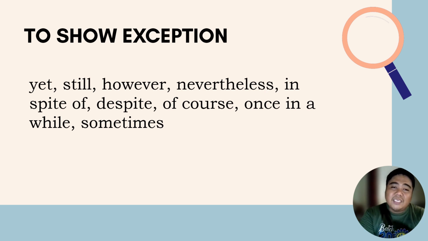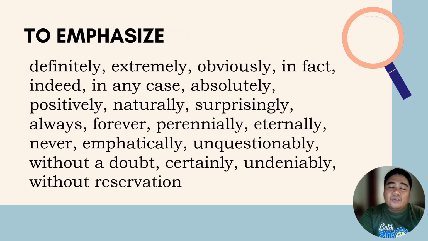Like, for instance, yet, still, however, nevertheless, in spite of, despite, of course, once in a while, sometimes. Or you may also use it to emphasize, like for example, definitely, extremely, obviously, in fact, indeed, in any case, absolutely, positively, naturally, surprisingly, etc.